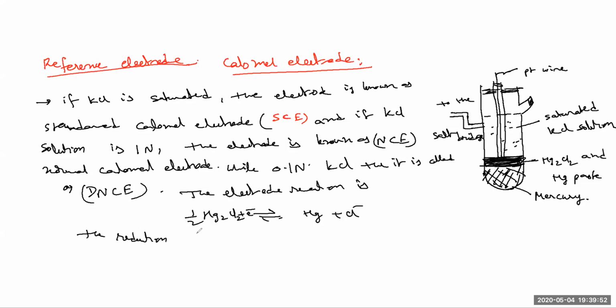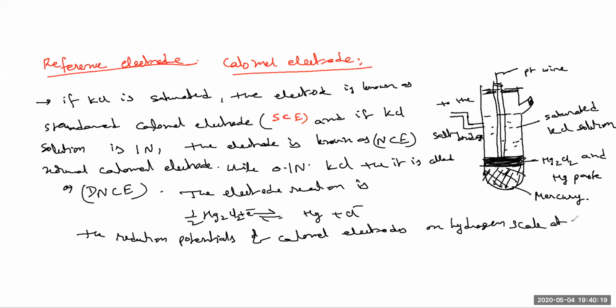The reduction potentials of calomel electrodes on the hydrogen scale at 298 K are as follows.